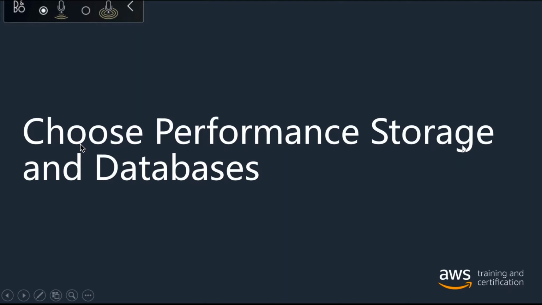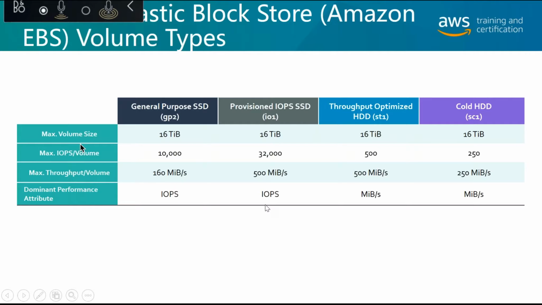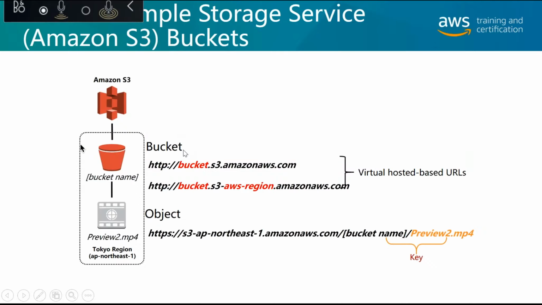So in terms of EBS block storage, I already reviewed this table. Just look at the IOPS per volume and understand the difference between throughput optimized and provisioned IOPS and just general purpose. Now, whenever we talk about S3, look at the URL for the bucket.